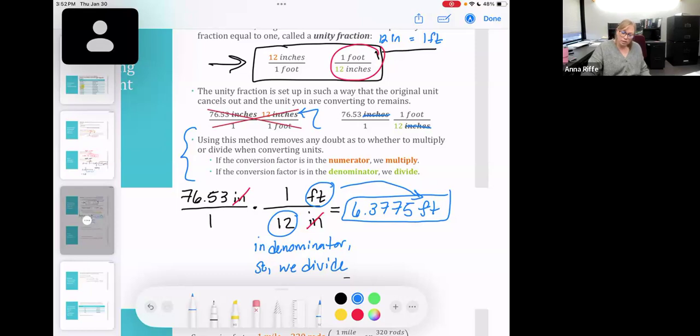And then we decided that since the conversion factor has the number greater than 1 on bottom, we will divide. We're going to do this several times, so don't be worried if you can't follow just yet, but do you have any questions for me before we move to the next problem?